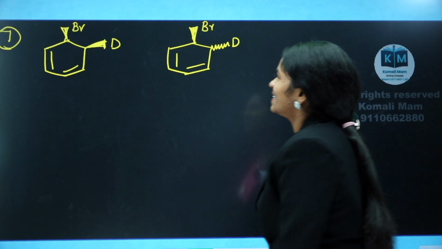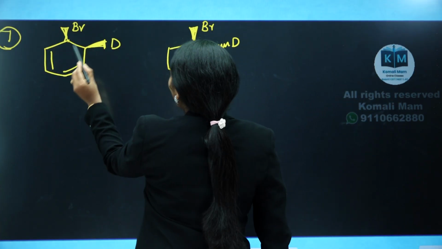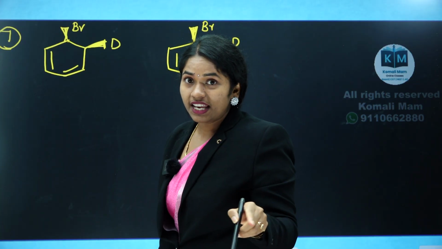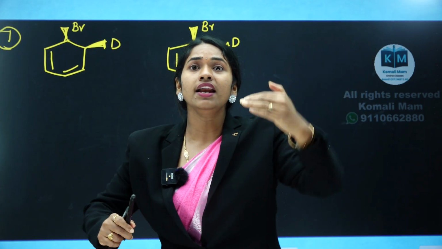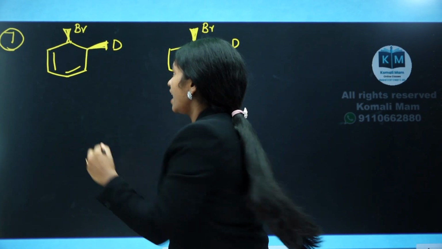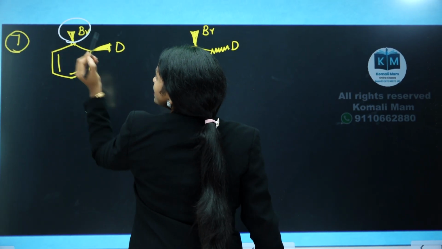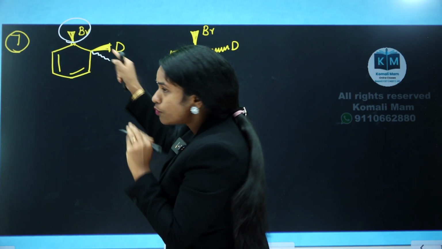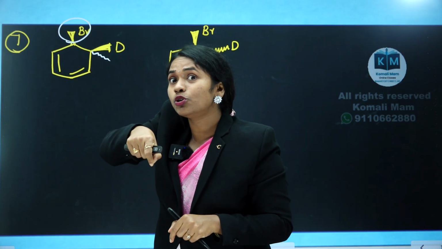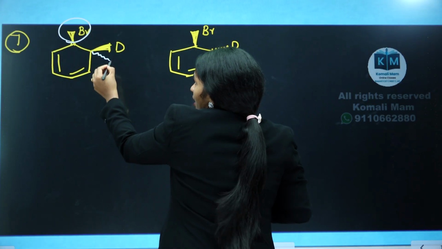See the next question. Here, in these two, which is more reactive, they're asking what I told you. One halogen towards the viewer, hydrogen away from the viewer. See, this halogen is towards the viewer, then here adjacent, D is towards the viewer, means that the hidden hydrogen will be away from the viewer here.